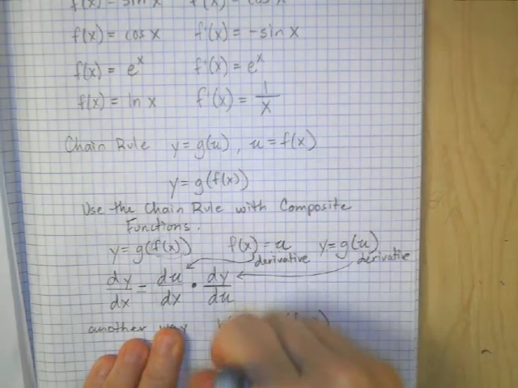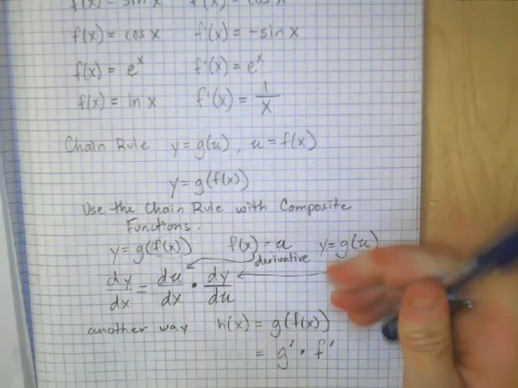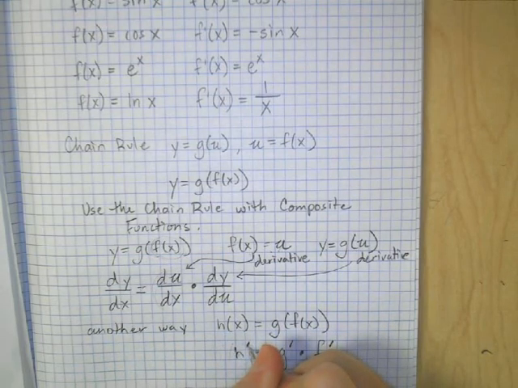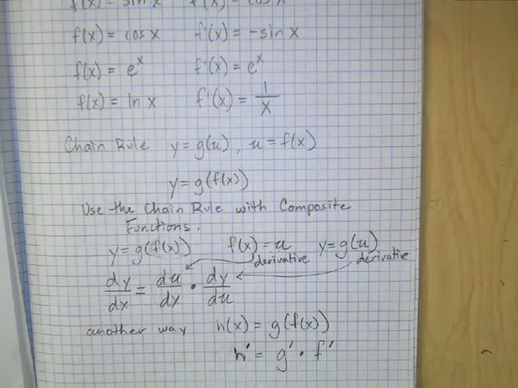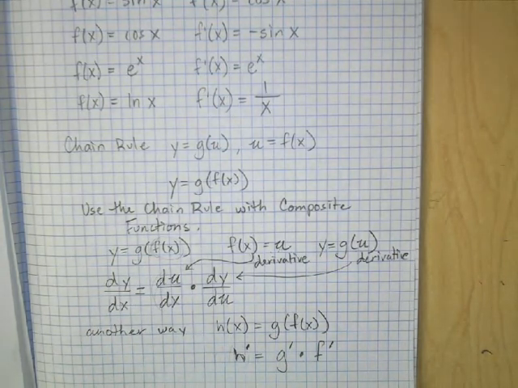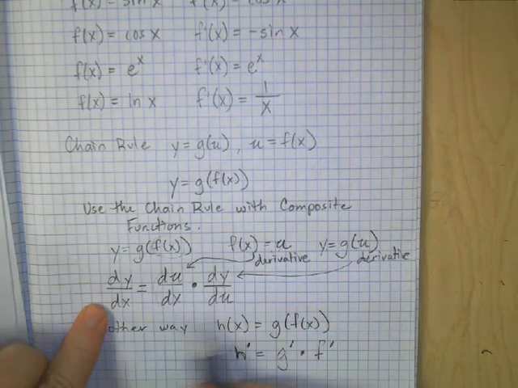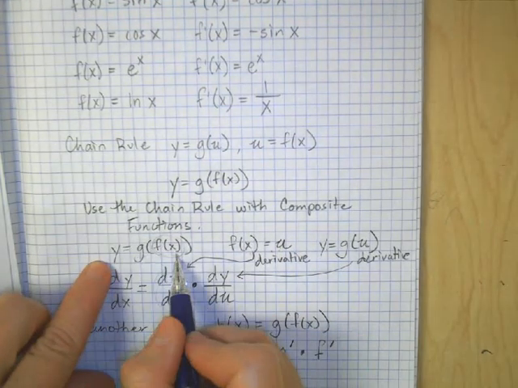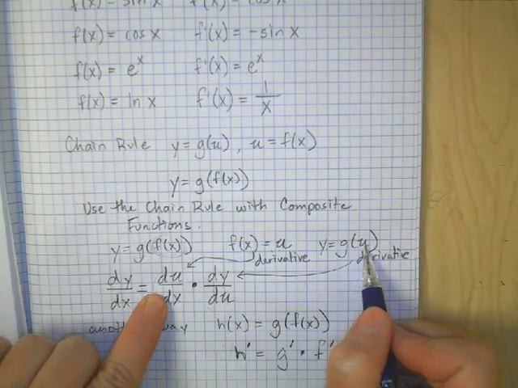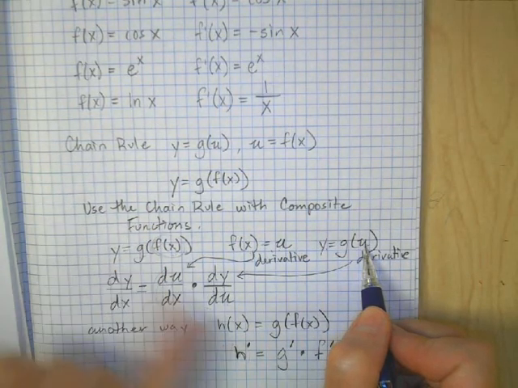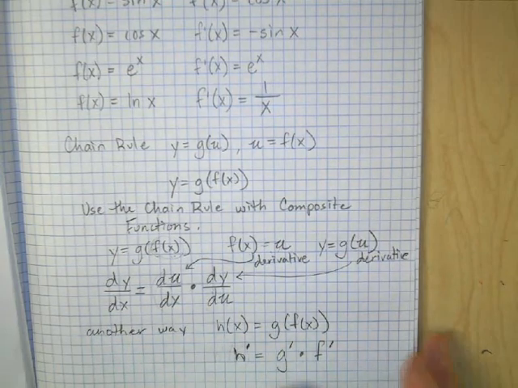So the derivative of h is equal to the derivative of g times the derivative of f. So this is what we have in the formula packet. If you have a composite function, it's the derivative of the inner one times the derivative of the outside function. Okay, on to the product rule.